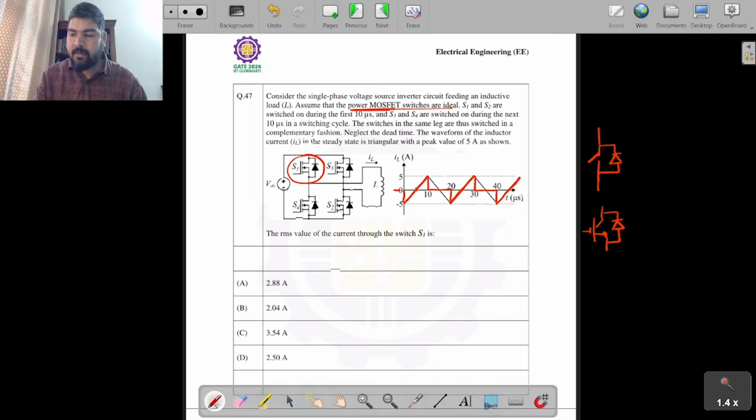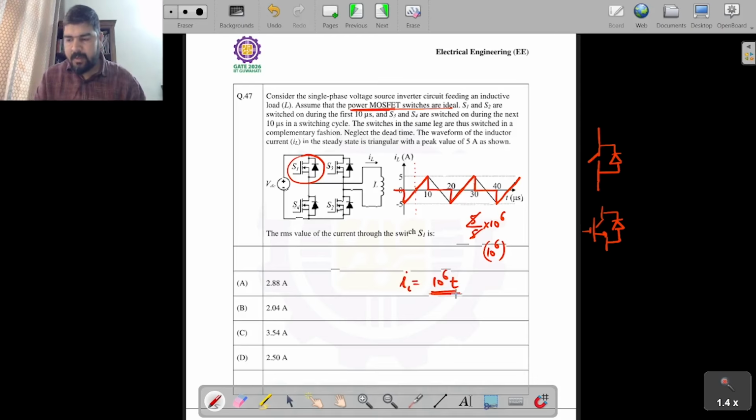We need to find the RMS value of this current. Let's first write the equation of this. To calculate the RMS, you can shift the origin at this location, because that will be easy to solve. If you shift the origin at this point, RMS will not change. To find the equation of the line, first we calculate the slope. Slope will be 5 minus 0 divided by 5 microsecond, which is 10⁶. So IL is equal to 10⁶t.